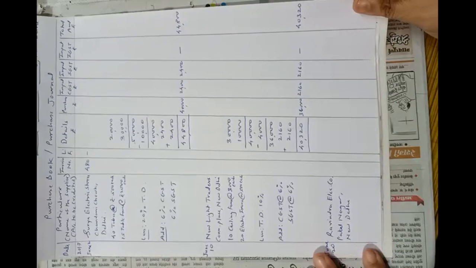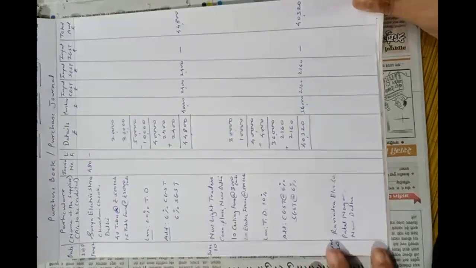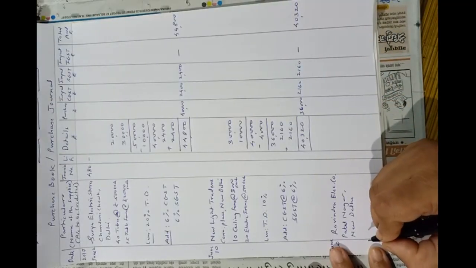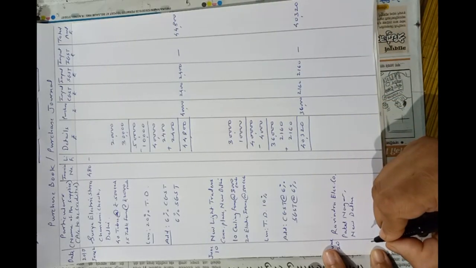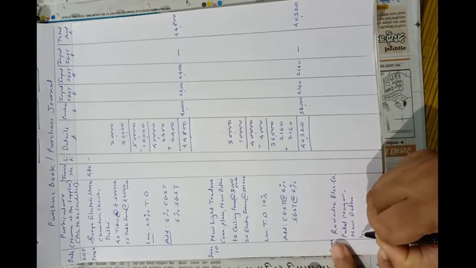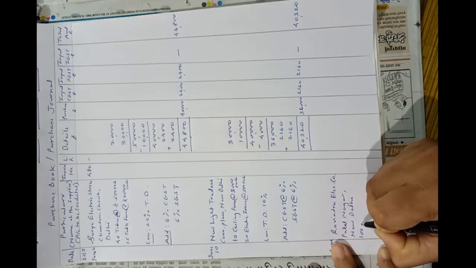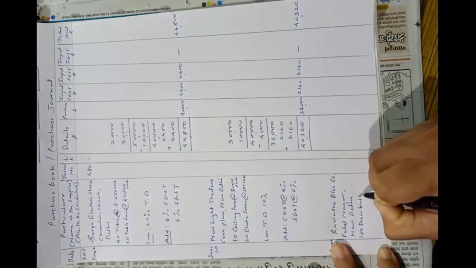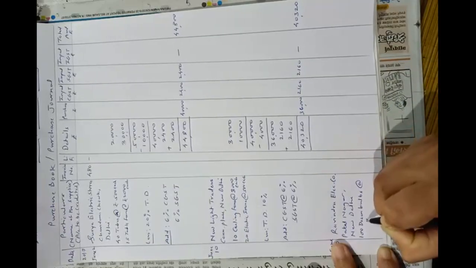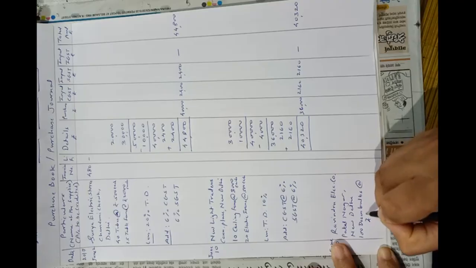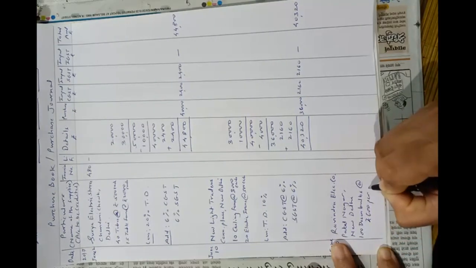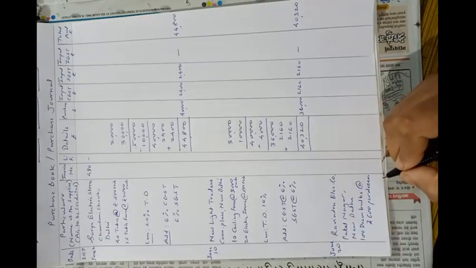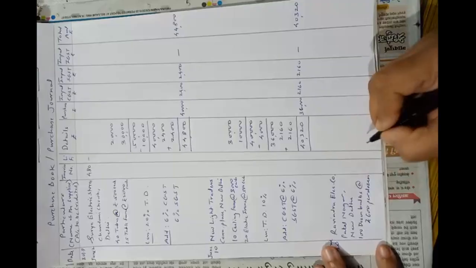This is the party of this transaction. Now the details. 100 dozen bulbs at rupees 600 per dozen. Okay, so 100 into 600, it will be 60,000.